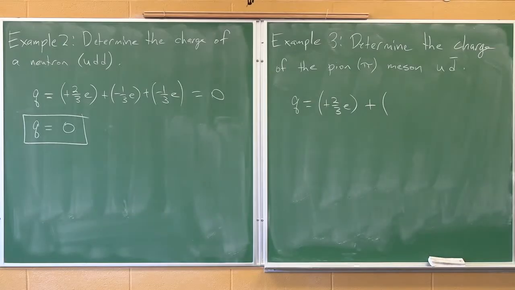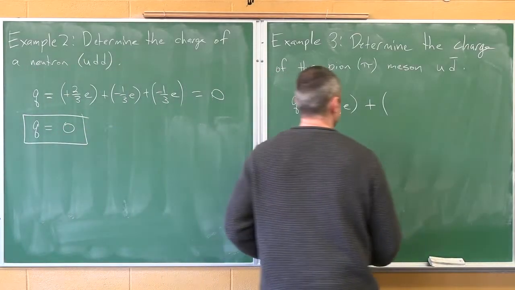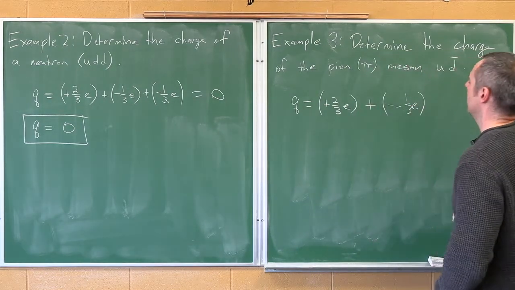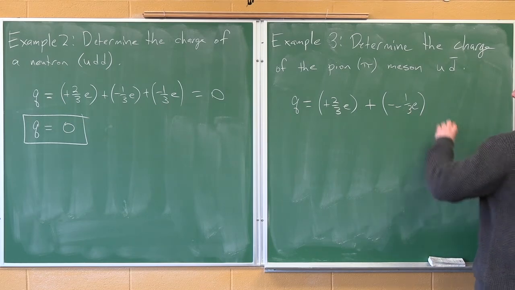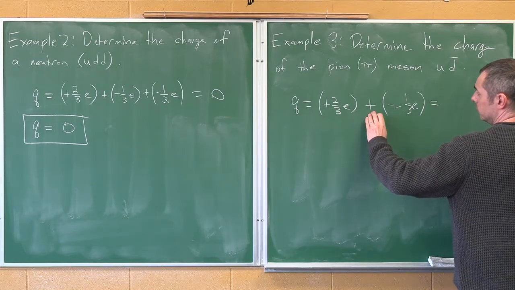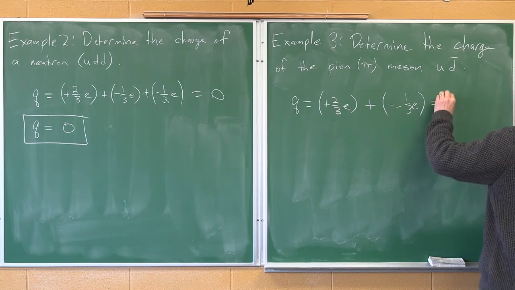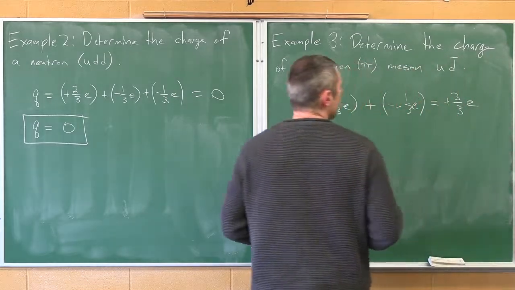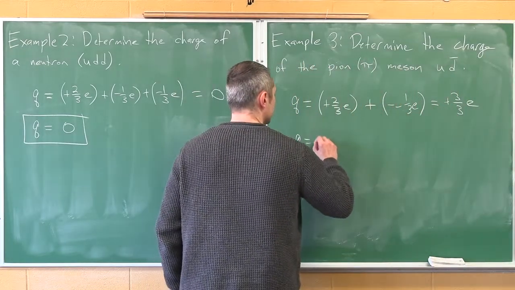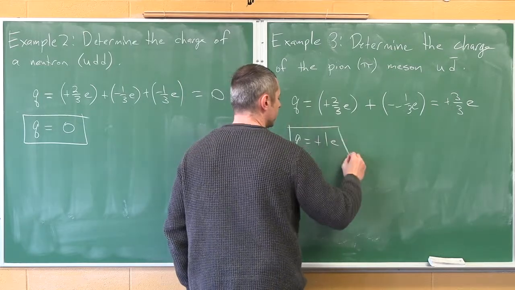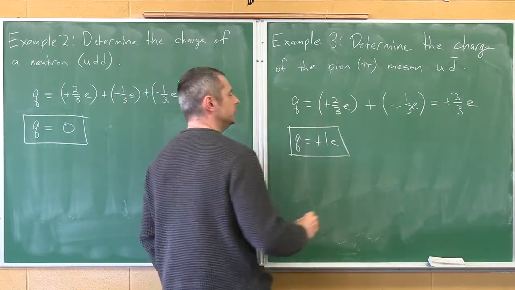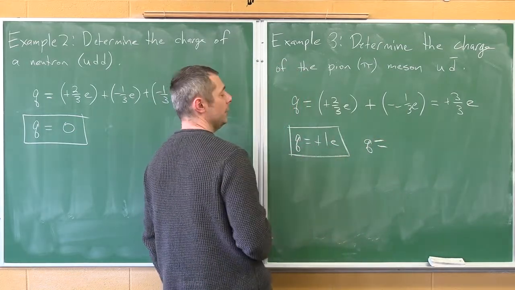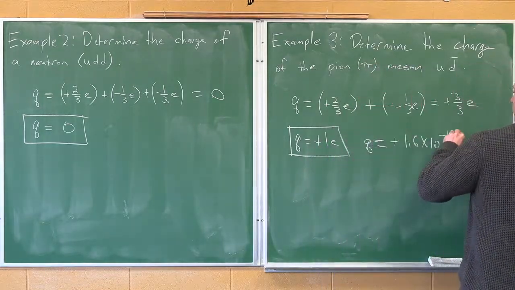And so I would write like this maybe, negative 1/3 e, which then makes a positive. When I add this plus 2/3 plus positive 1/3, I get positive 3/3 e, which is, again, plus 1e. So that's the charge in terms of e. And then the charge in terms of coulombs, because e is 1.6 times 10 to the minus 19th, multiply that by positive 1, I get there.